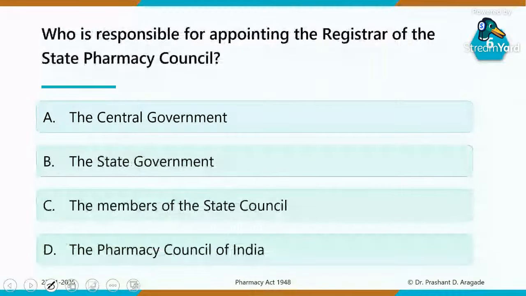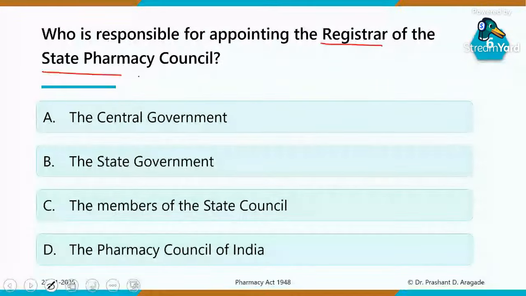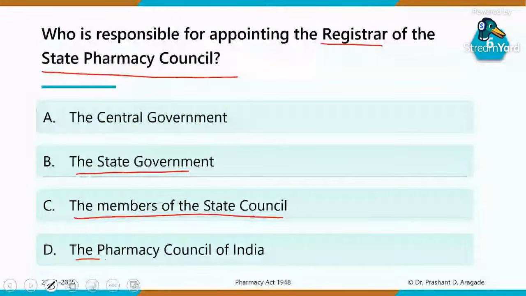Now, sixth question. Who is responsible for appointing the registrar of the State Pharmacy Council? Option A, Central Government; option B, State Government; option C, members of state councils; and D, the Pharmacy Council of India.